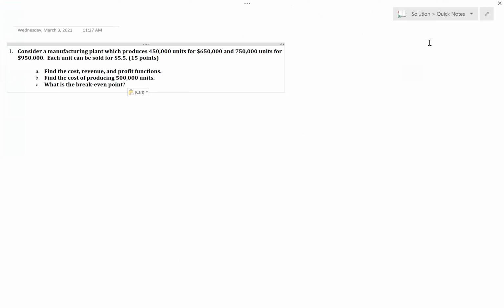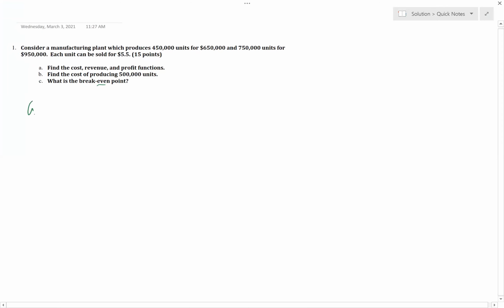We have a manufacturing company that produces 450,000 units for $650,000 and 750,000 units for $950,000. Each unit could be sold for $5.50. Find the cost, revenue, and profit functions. Find the cost of producing 500,000 units and then the break-even point. Right. So first of all, we look at the cost function.